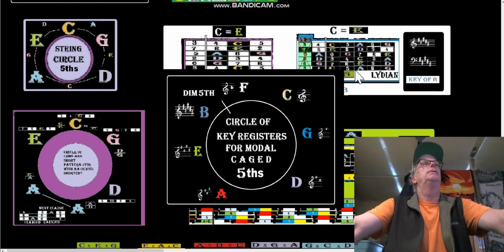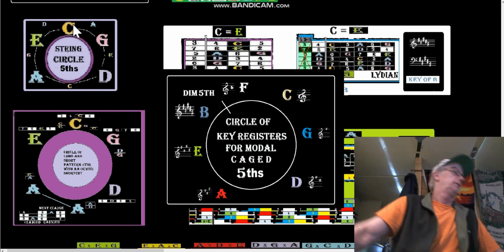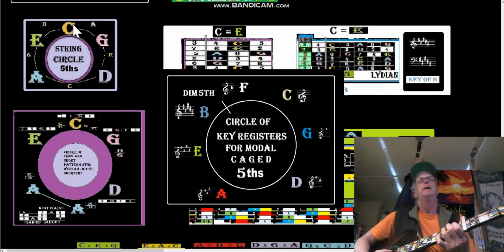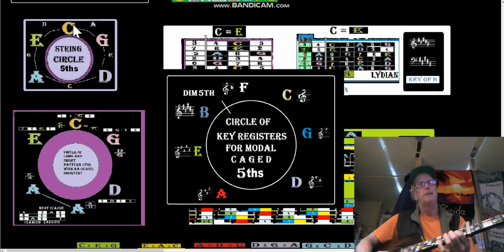Okay, so hopefully we're rolling. We have here the circle of fifths for the string shapes, right? So you have the C string shape on the bottom, and then the G string shape, then D, then A, then E string shape, then back to the C string shape.